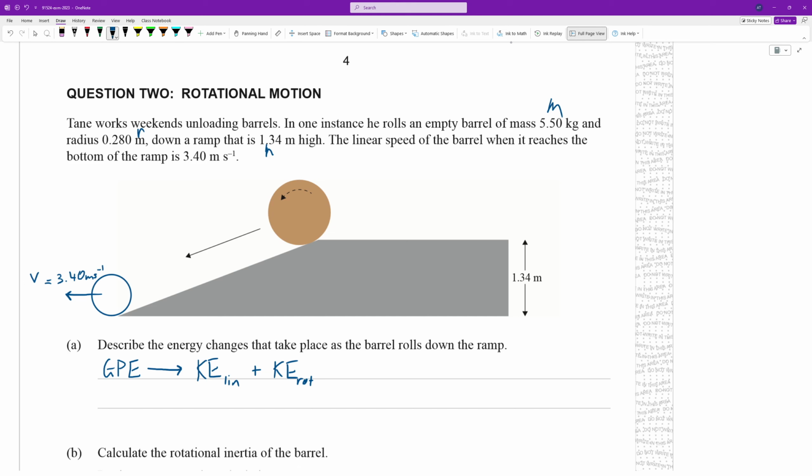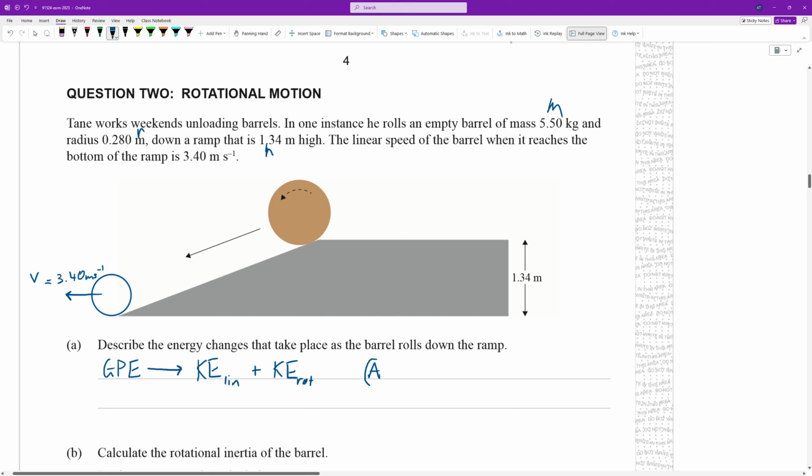If it's part way down the ramp, it's still got some potential. And it would have lost energy to heat, but once it reaches the bottom, there's no more potential relative to the ground, and in this case, it's safe to ignore heat losses.